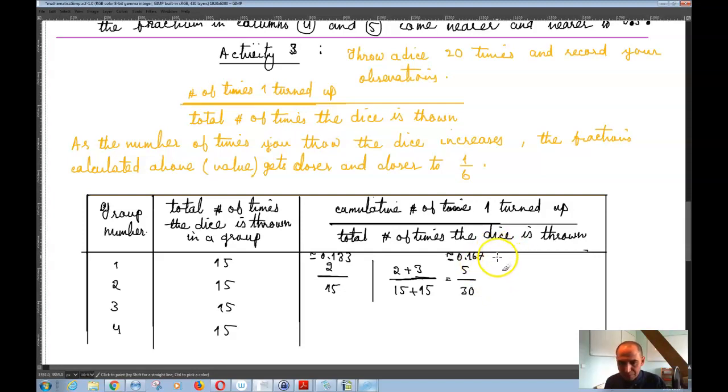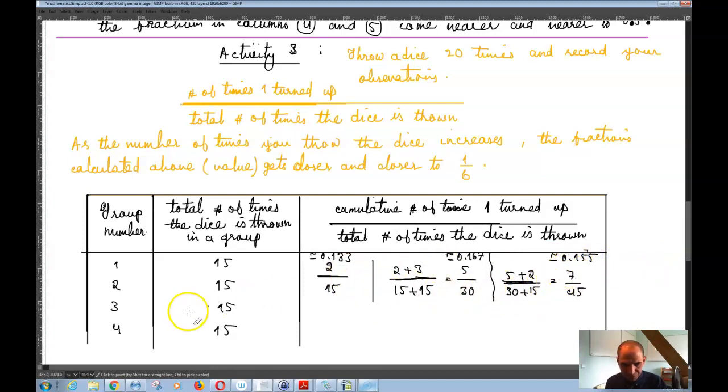And when it comes to the third group, you already have 5/30ths, and then you throw the dice another 15 times, and let's say that you get another 2 ones, which is equal to 7/45ths. Now 7 divided by 45 is equal to 0.155, approximately 0.155.